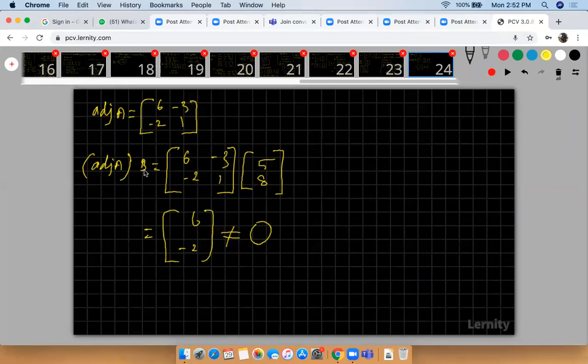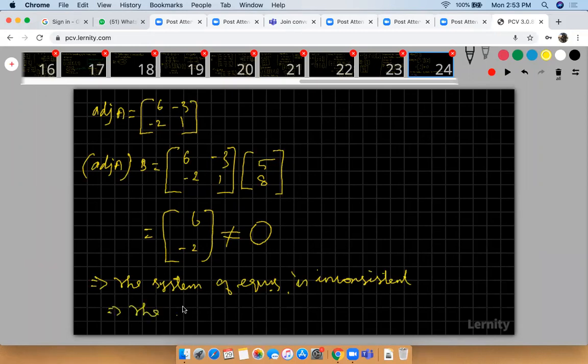Adjoint of A into B not equal to 0 means the system of equations is inconsistent, which implies the system has no solution.